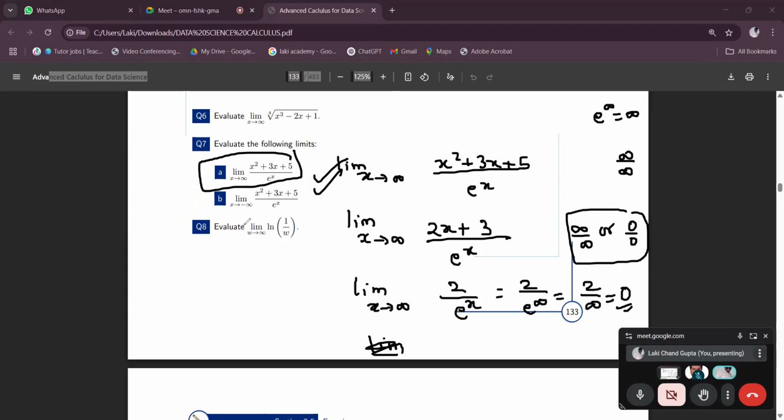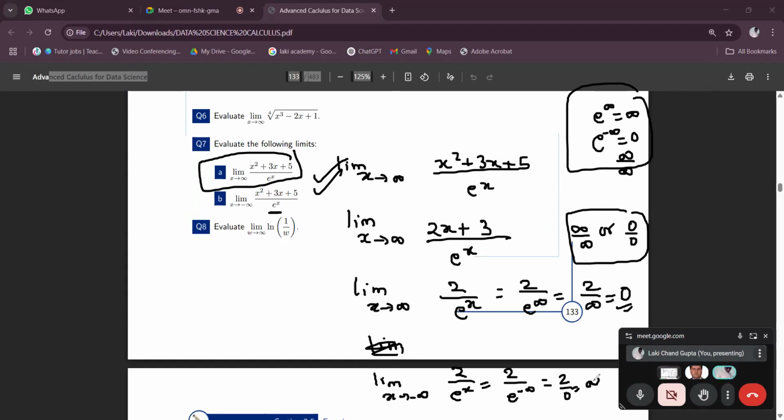But for this, here the limit is minus infinity. So 2 over x. When you put e raised to minus infinity, you know e raised to minus infinity is 0, so it becomes infinity, right?